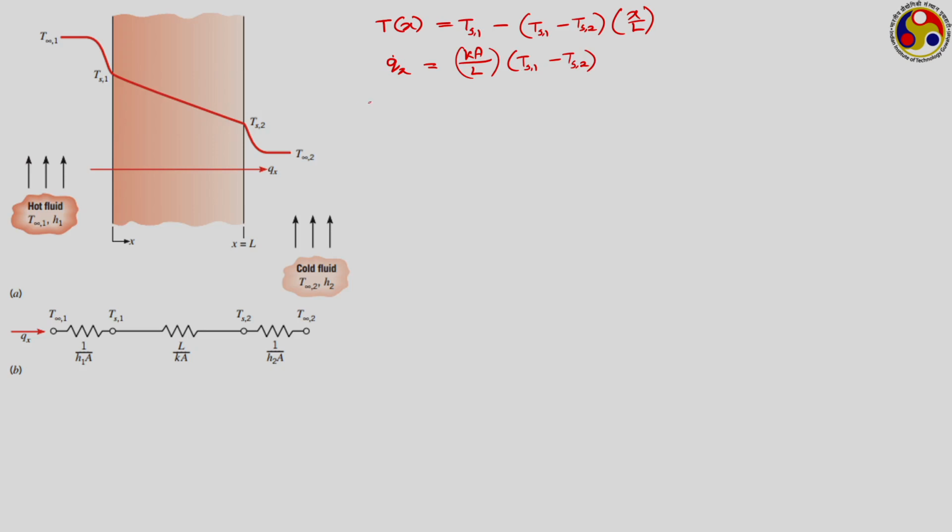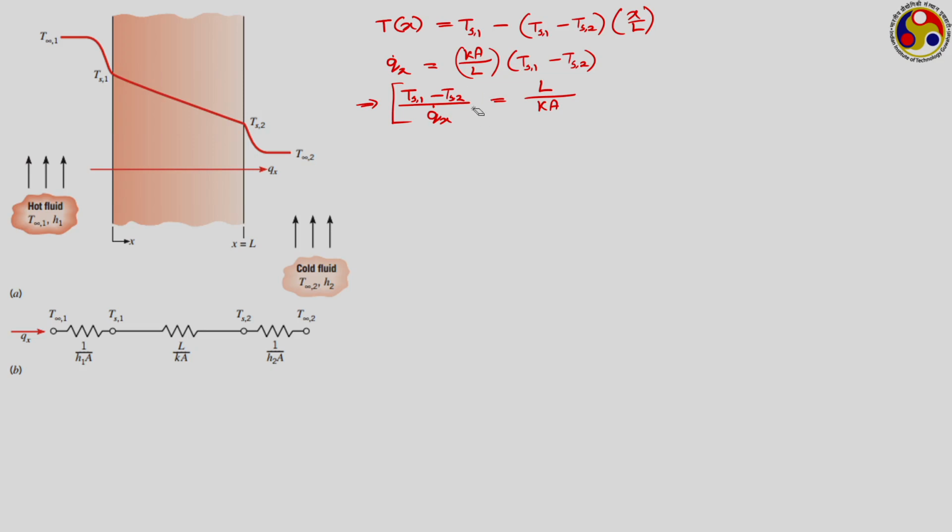If we rearrange this second equation a bit and write this one as Ts1 minus Ts2 upon q dot x, then we can write this to be equal to L upon K A. Now, how is this particular form looking? This left hand side, on the numerator what we have?